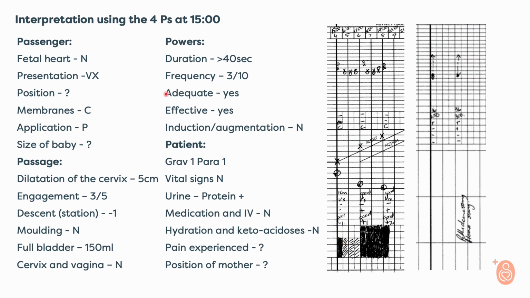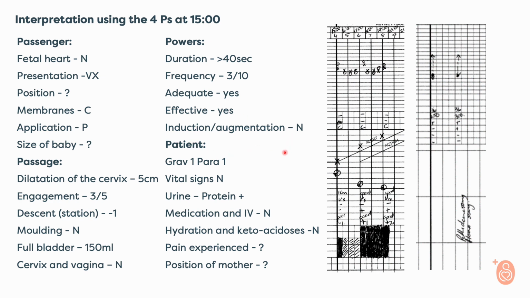So now I think we can easily answer our question whether the powers are adequate and effective, because we've seen that there was progress both in the cervical dilatation as well as in the engagement and the descent of the fetal head. So that tells us that at least our contractions are getting better now. They are stronger, they are longer, and they cause progress of labor.